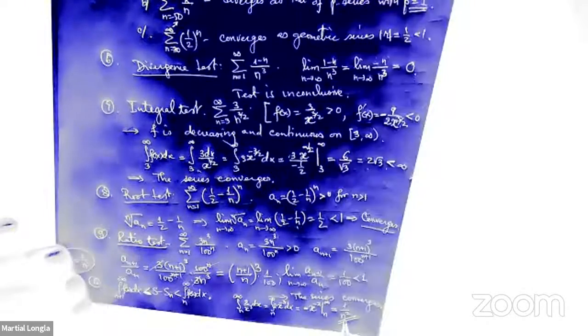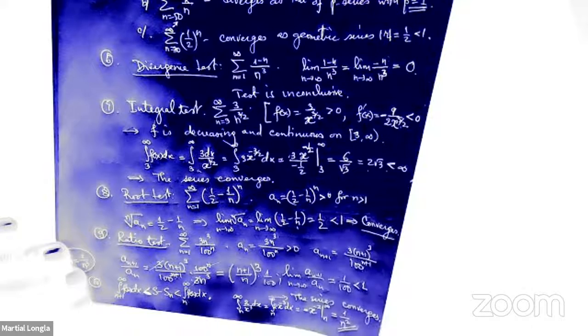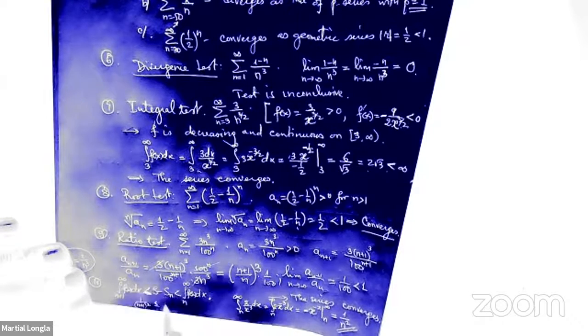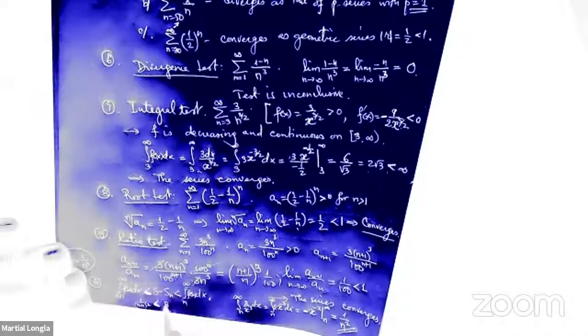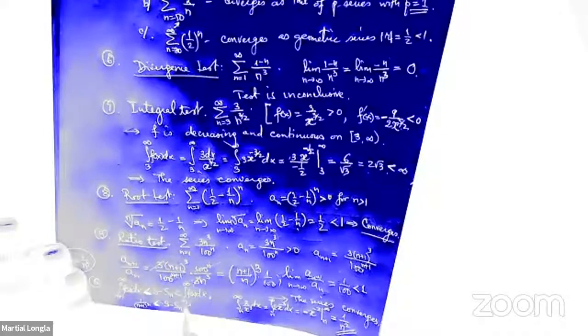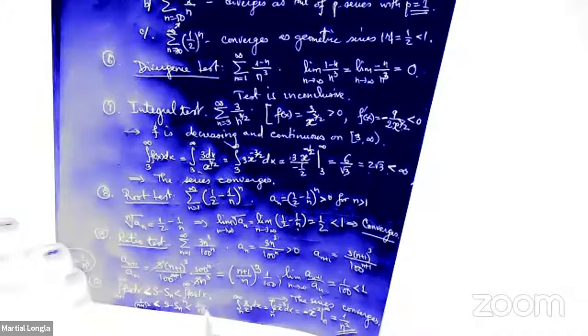And when you plug in infinity, you get 0. You plug in n, you get 1 over n squared. That's what it is, 1 over n squared. And when you replace n by n plus 1, you get 1 over (n plus 1) squared. So you have 1 over (n plus 1) squared less than or equal to S minus Sn less than 1 over n squared.